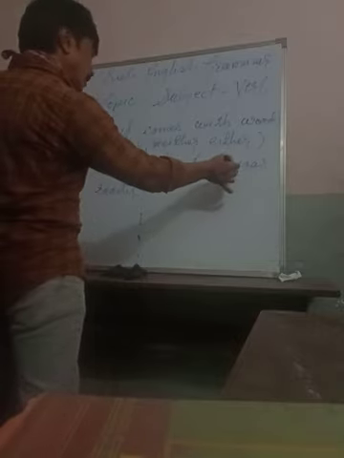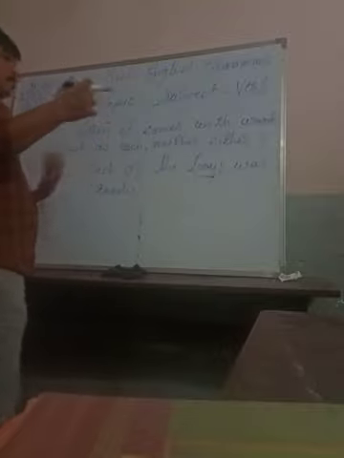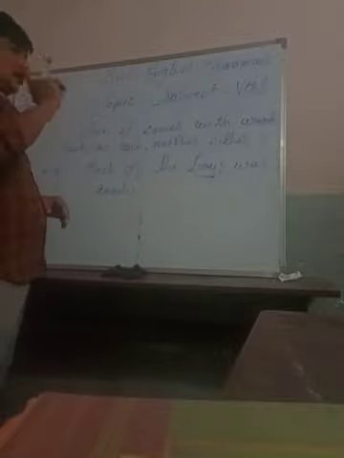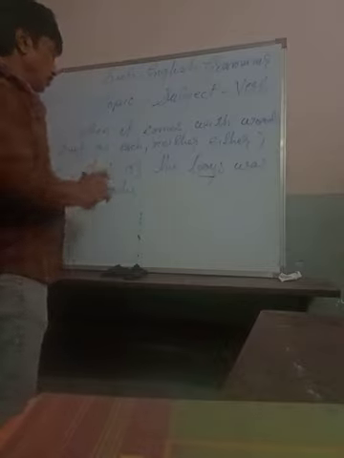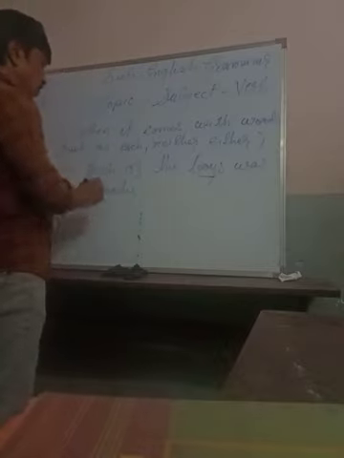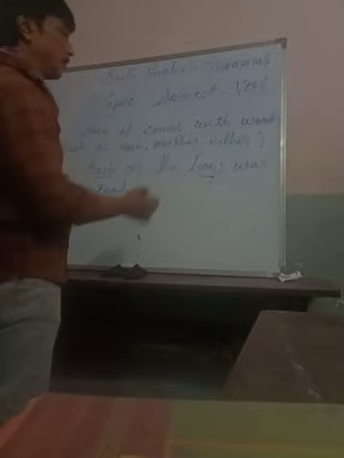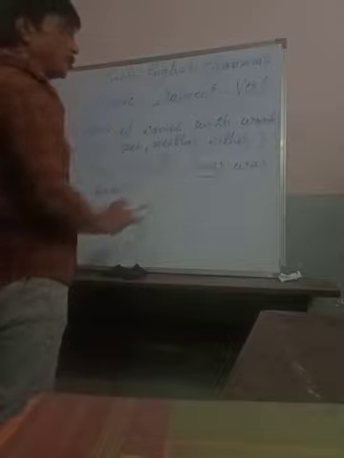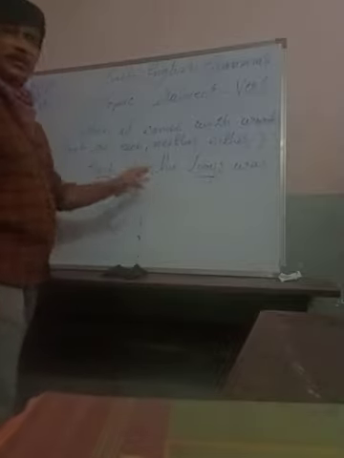Actually, it is agreeing with the each. So each of the boys means one of many. So it is actually singular. Each is singular here, so that's why the verb was is taken here. Actually, boys is not taken into consideration while dealing with this sentence.